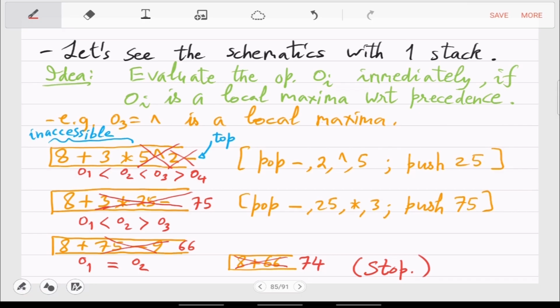So one assumption is that in the stack, even though there may be many elements like n elements, there is no local maxima in it. Because if there was a local maxima, then we would have evaluated and removed it, popped it out of the stack. So this is the assumption on the inaccessible part.